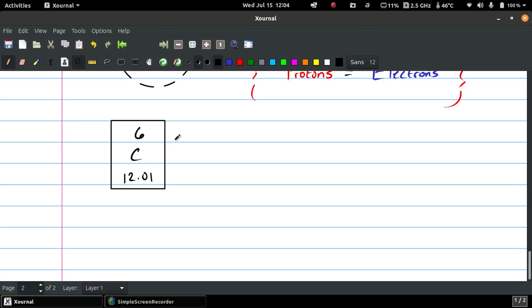That tells you right there how many protons and how many neutrons you have, because neutrons equals atomic mass minus atomic number. So we can figure out how many neutrons we have.